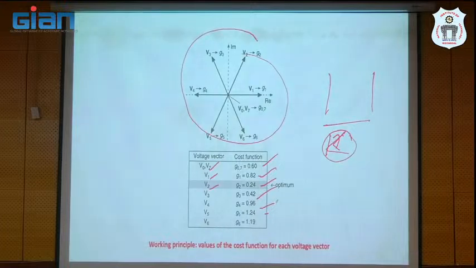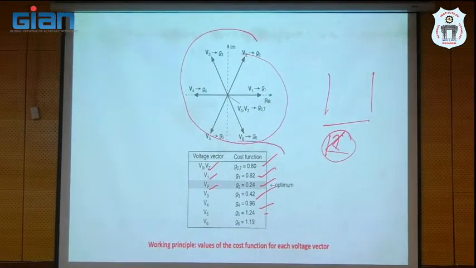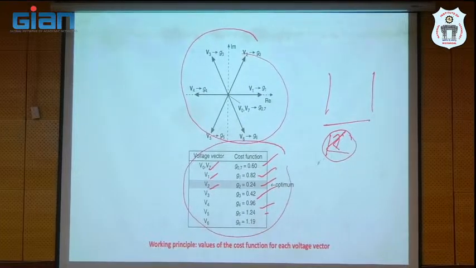You have to iterate the cost function. Finally, in a particular sample period you will get complete information about the profile of the cost function, and how the cost function varies by changing the switching states.